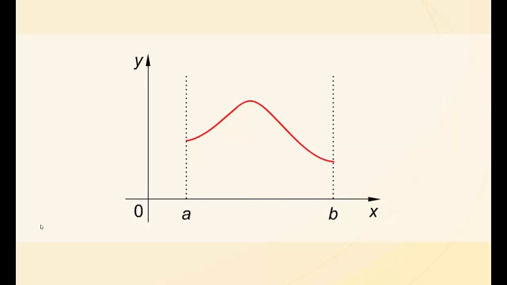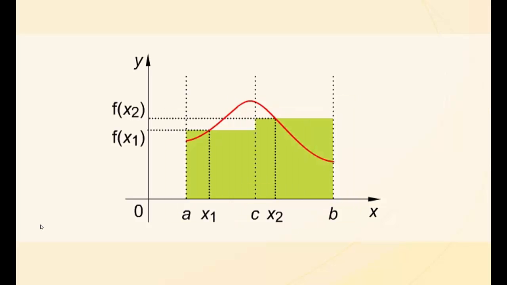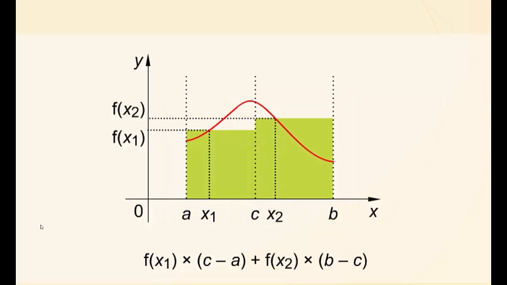Let us try to approach it by rectangles. The number f of x1 times c minus a plus f of x2 times b minus c represents the area of the two rectangles if f takes on only positive values in the interval from a to b.